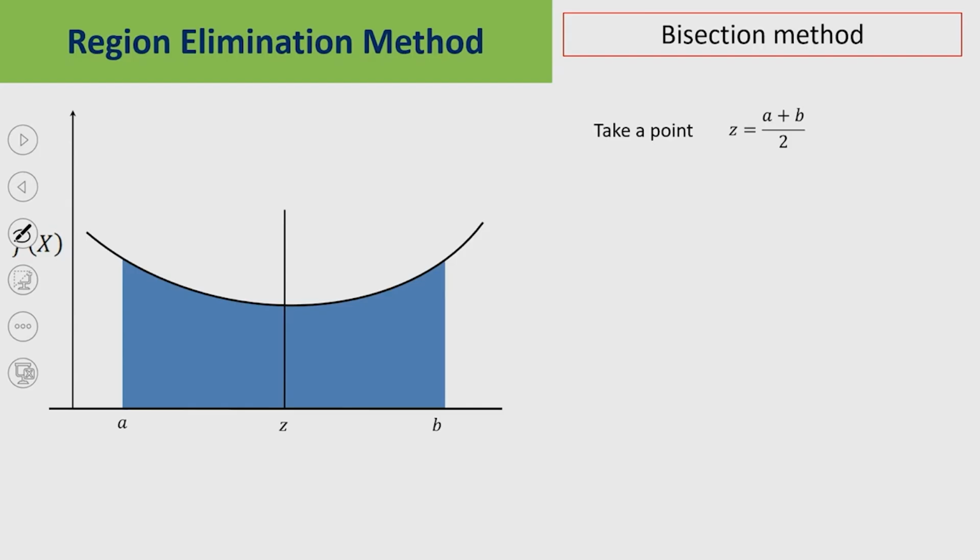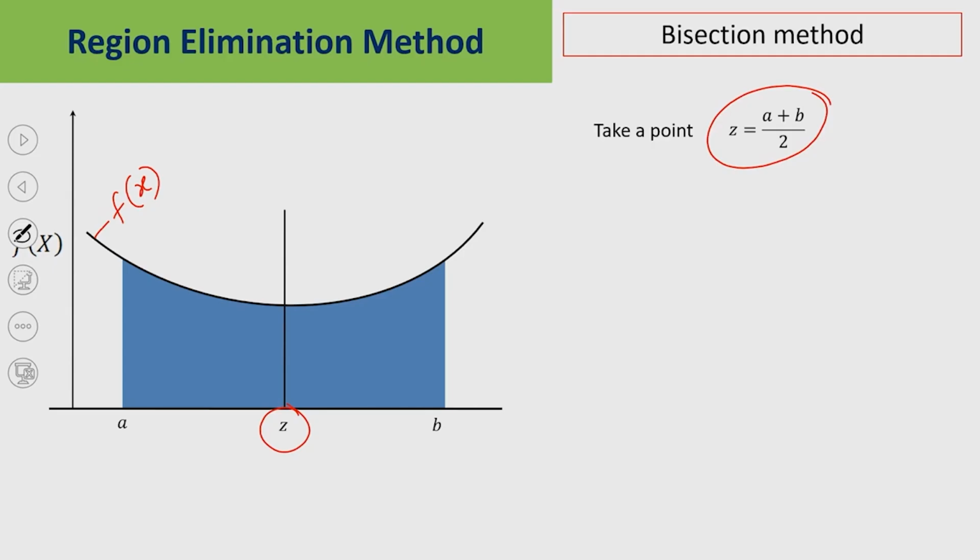So what we are doing, again, f x is a unimodal function, that means there is only one minimum, and the function is continuous between A and B. Now we are taking a point Z, which is the midpoint between A and B, Z equal to A plus B by 2.